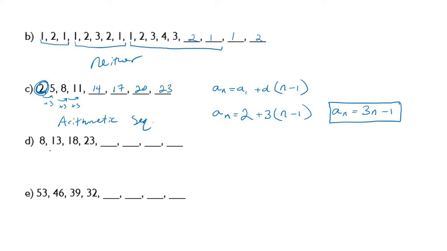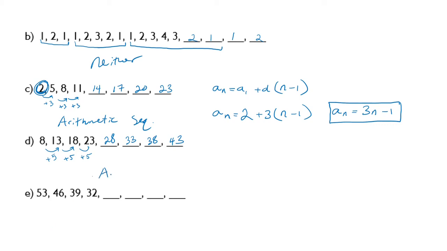Part D, we have 8, 13, 18, 23. Again, this looks like an arithmetic sequence. We have to add 5 to get to 13, add 5 to get to 18, add 5 to get to 23. We'll continue the process. So the next number is going to be 28, 33, 38, and 43.